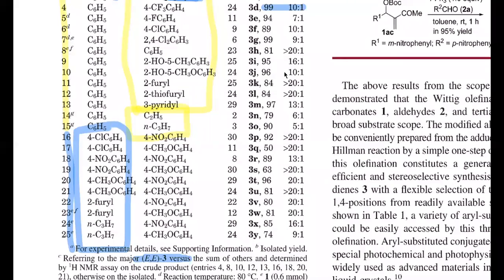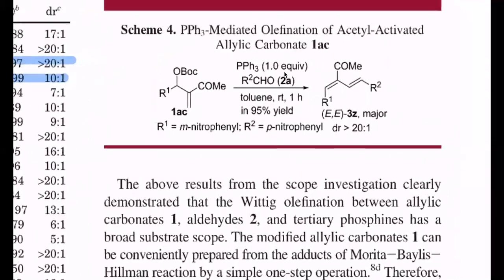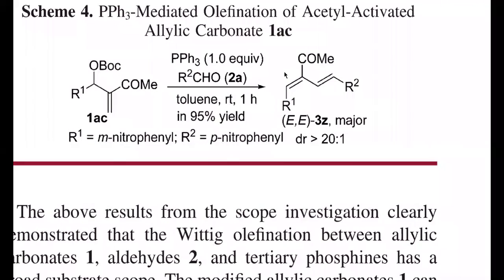All right. Any questions? So again, if you look over here, what have they optimized up to this point? They've optimized the leaving group, the OBoc, right? That's the best leaving group. They found that the best aldehyde is para-nitrophenyl benzaldehyde. So with the nitro at the para position.